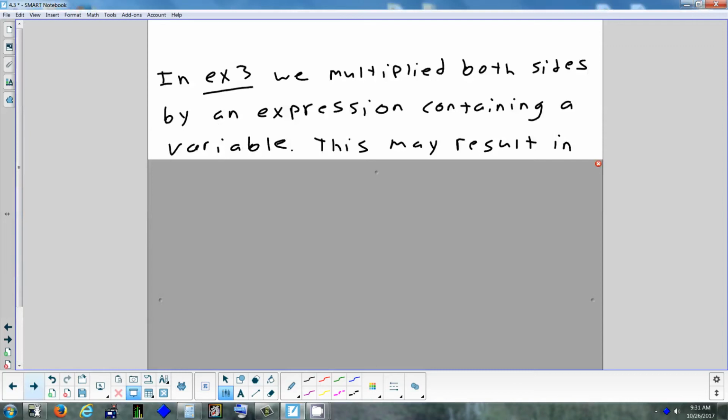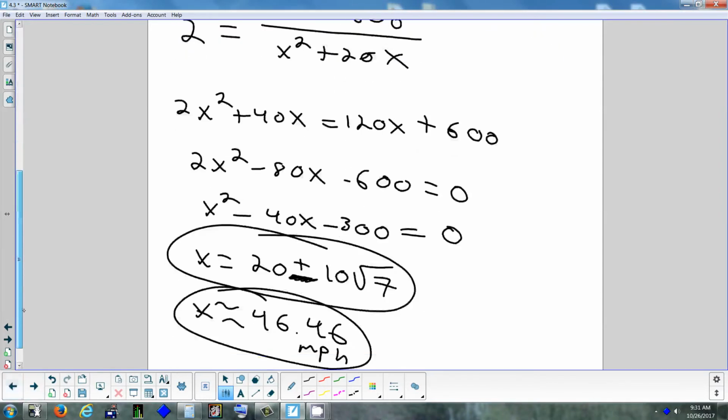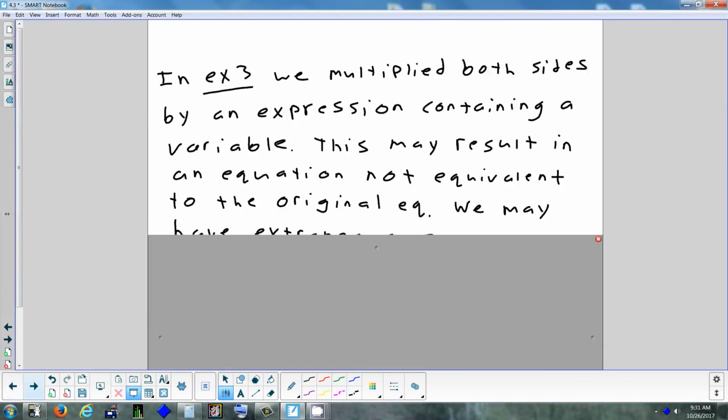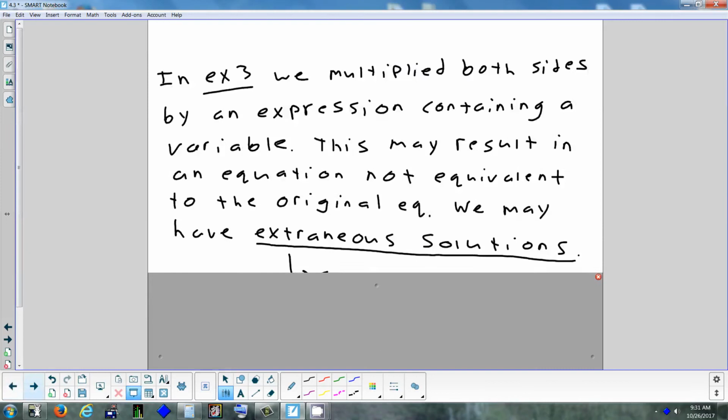All right, so in that example, we have to be careful because we multiplied both sides by something with a variable. Tessa told us we're going to multiply both sides by x squared plus 20x, which is okay, but what can happen is you might end up with what we call an extraneous solution.